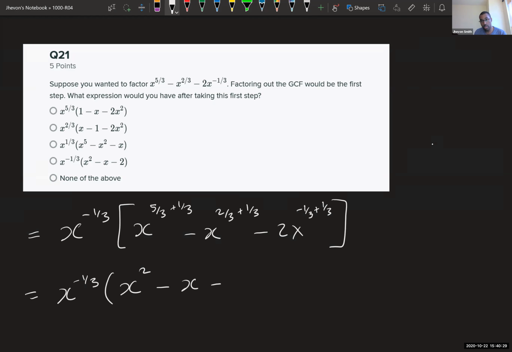And minus 1 over 3 plus 1 over 3 is 0. So that just becomes x to the 0, which is 1. And so that's what that would look like. And that's this option here. And that's the test.